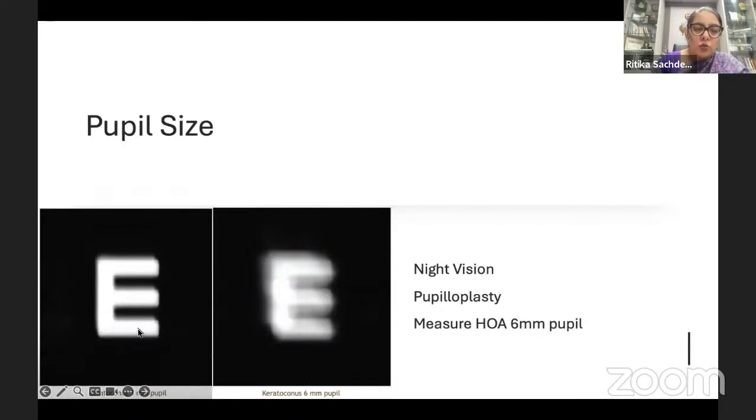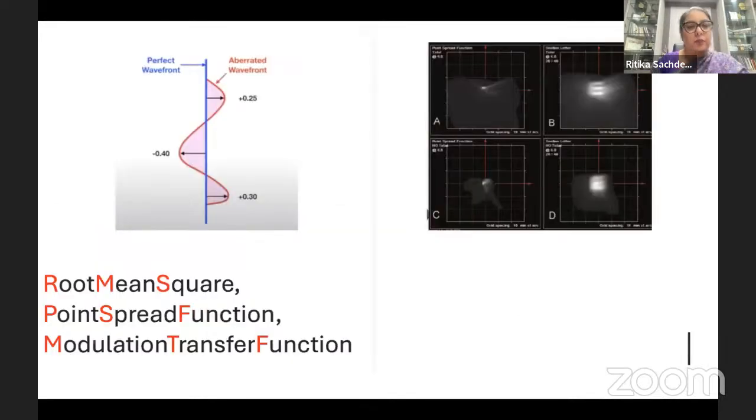This is a patient of keratoconus. And as the size of the pupil goes down, the aberrations, though they are there, they are not distorting the quality of the image. So the thing that we understand from this is night vision is where aberrations play a crucial role. And pupilloplasty techniques or senile miosis limits the impact of aberrations.